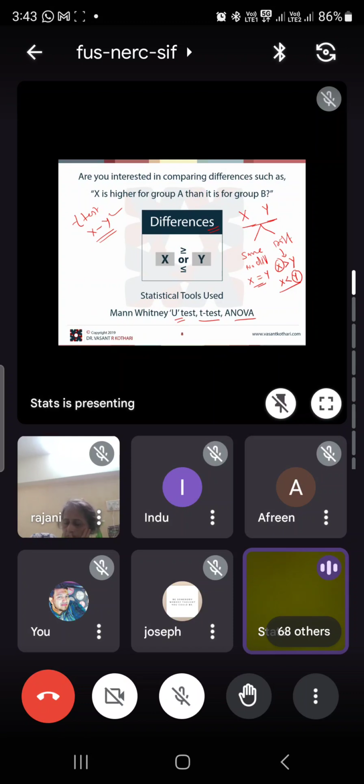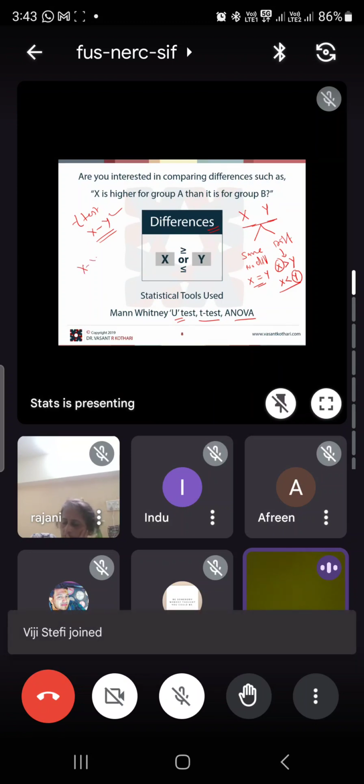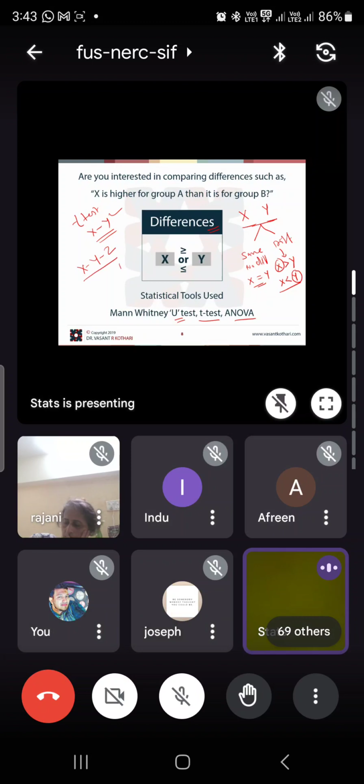And if we have three or more, say for example, you have the X, Y, and Z, then we use the ANOVA. That's a basic difference between a T-test and ANOVA. T-test we use if we need to find out the difference between two variables. And if there are three variables or more, then we'll use the ANOVA.